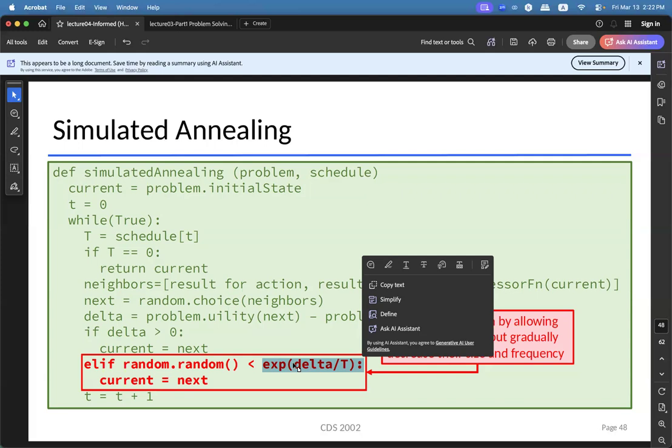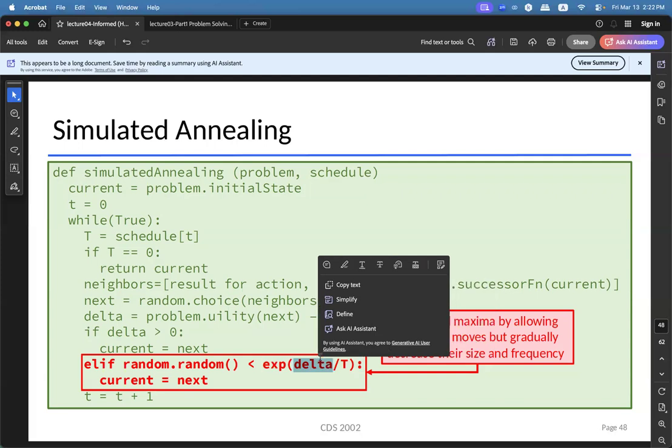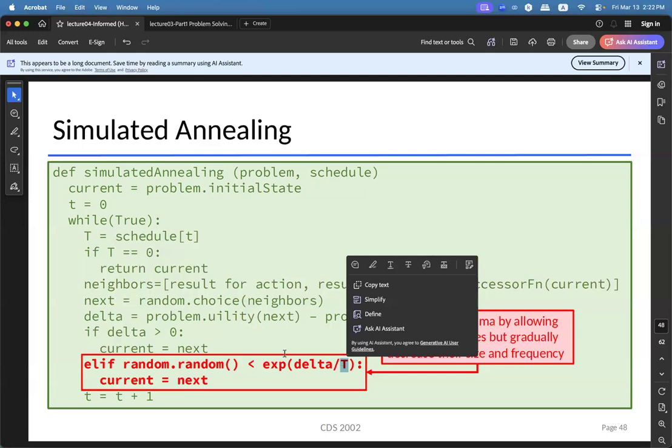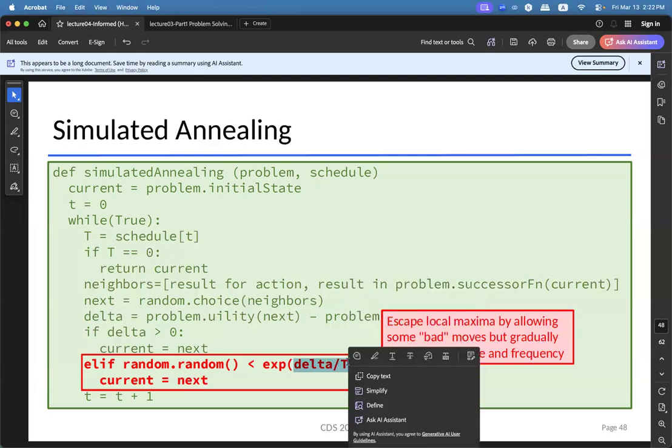And for this value, the delta is negative. If the temperature is decreasing, that means this value becomes more negative. Because this is a power value, it will get closer to zero.